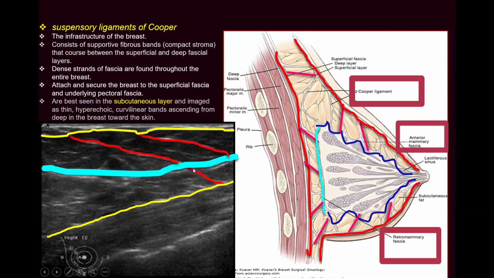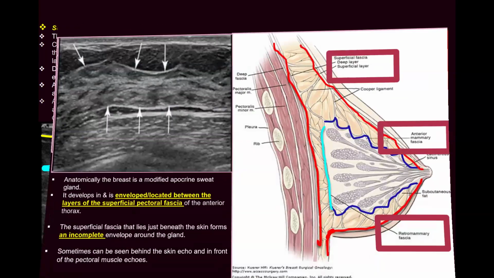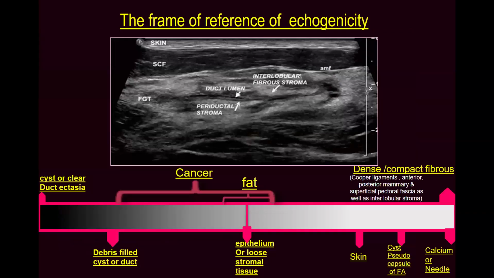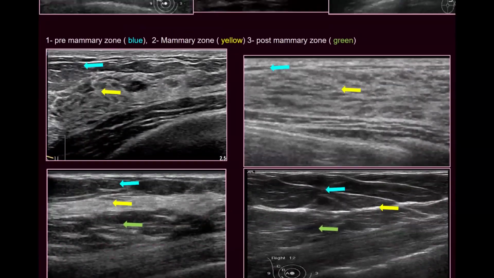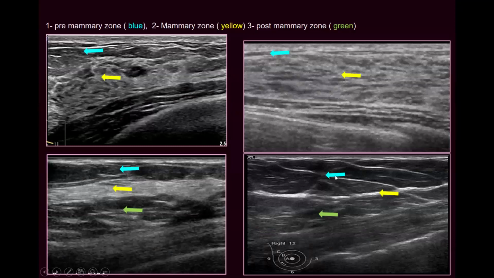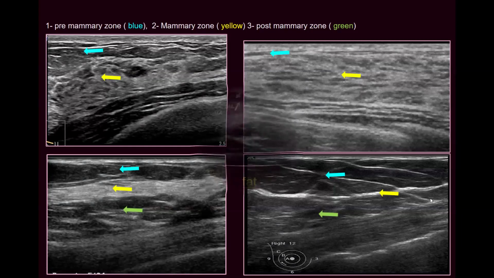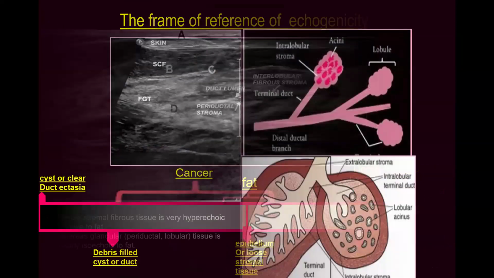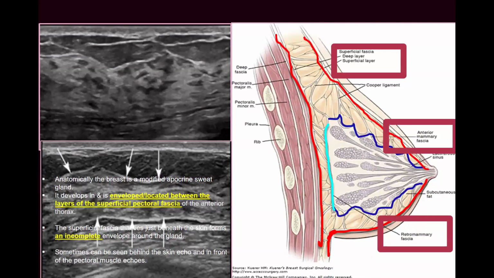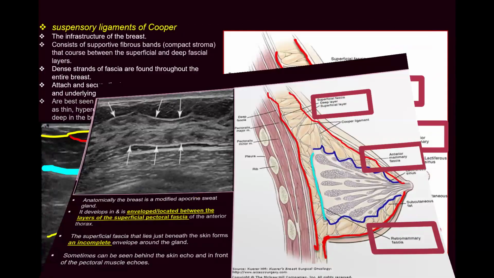Okay, let me show it to you. Yes, you see, these are the Cooper ligaments. These are the anterior ones, and here this is the posterior one. Here it is annotated with color.